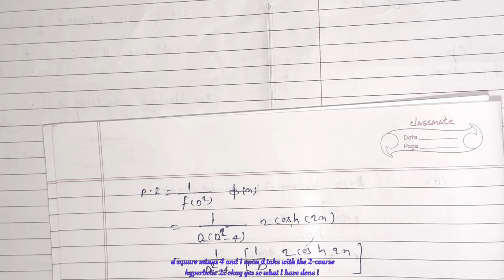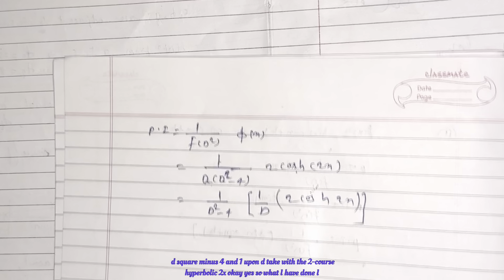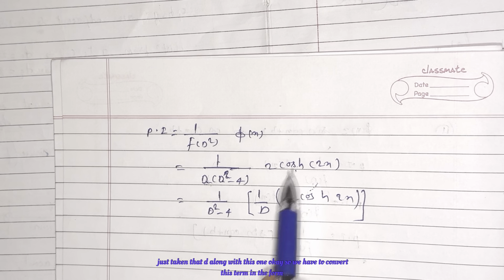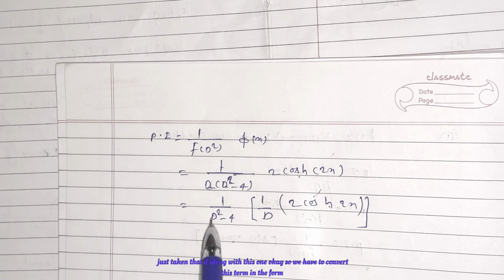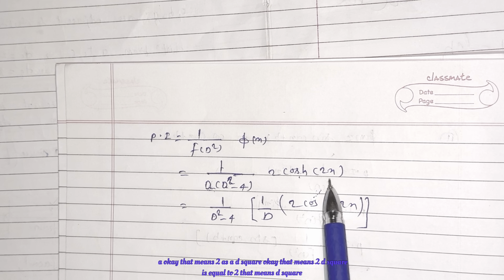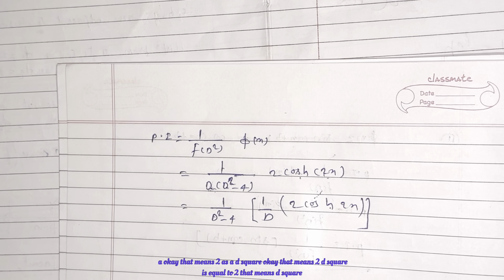What I have done is I just took that D along with this one. We have to convert this term in the form of D square, so whenever you get D square only, you can replace it with a square, that means D square equals a square.